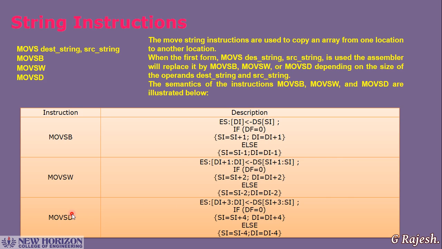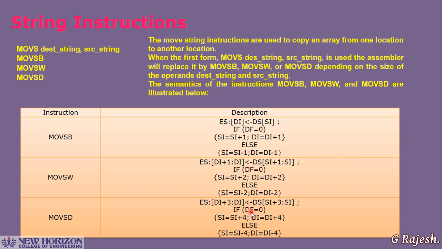For MOVSD, where the string is represented in terms of double words, for every MOVSD operation with DF equal to 0, SI is incremented by 4 and DI is also incremented by 4. Similarly, SI and DI are decremented by 4 if the direction flag is set to 1.